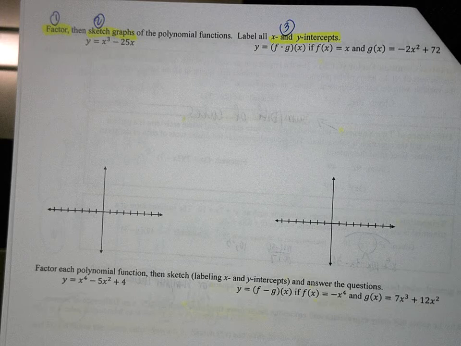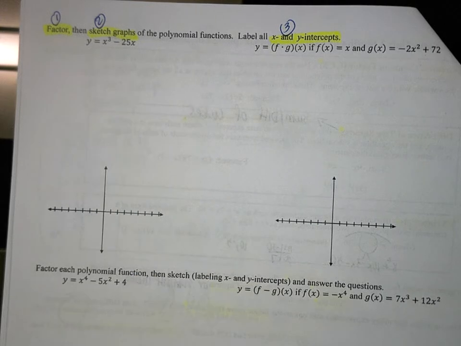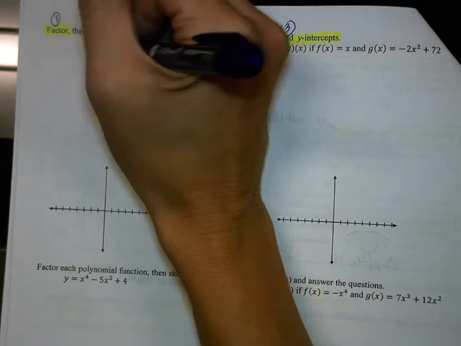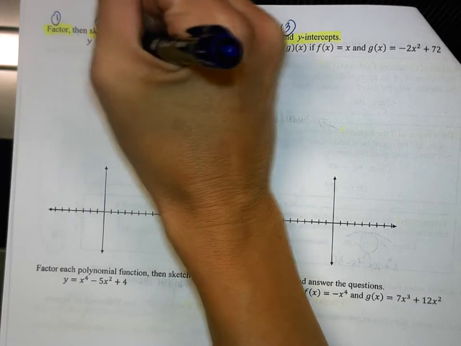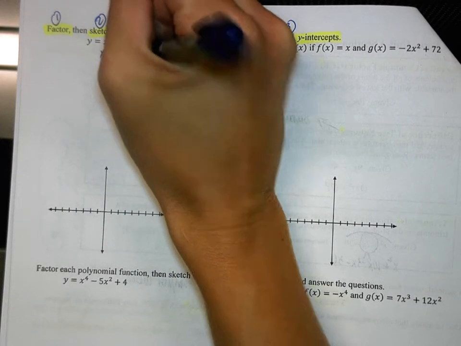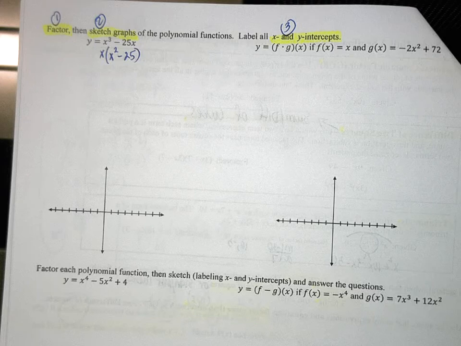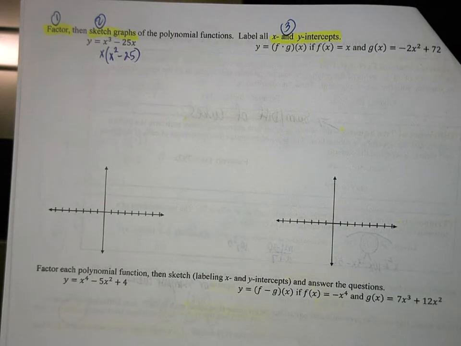So if you're looking at this function right here, is there a GCF? Yes. What would be our GCF? X. Very good. So I'm going to take out an x, and I'm left with x squared minus 25. So we just divided an x out of each term. Can this be factored further?